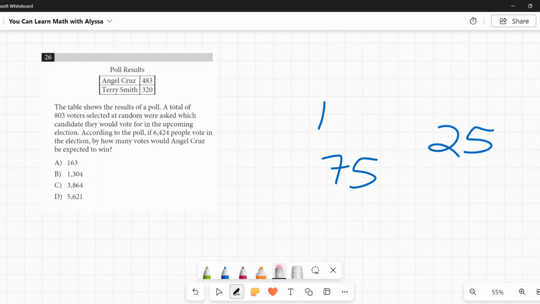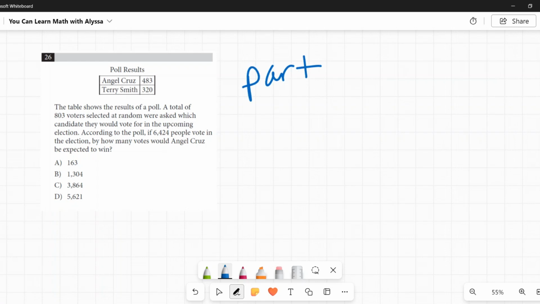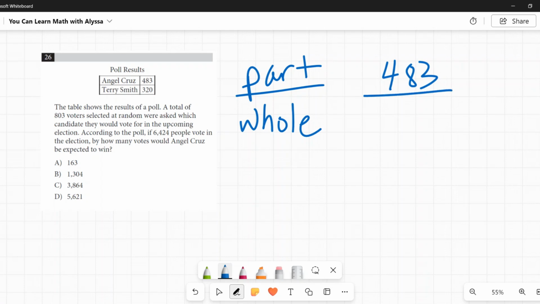Okay, so when we're talking about polls, we're using these subsets of polls to predict what the bigger groups are going to do. So we're always using these ratios of part to whole and setting up proportions. So Angel Cruz's votes, he got 483 out of a total of 803 voters.